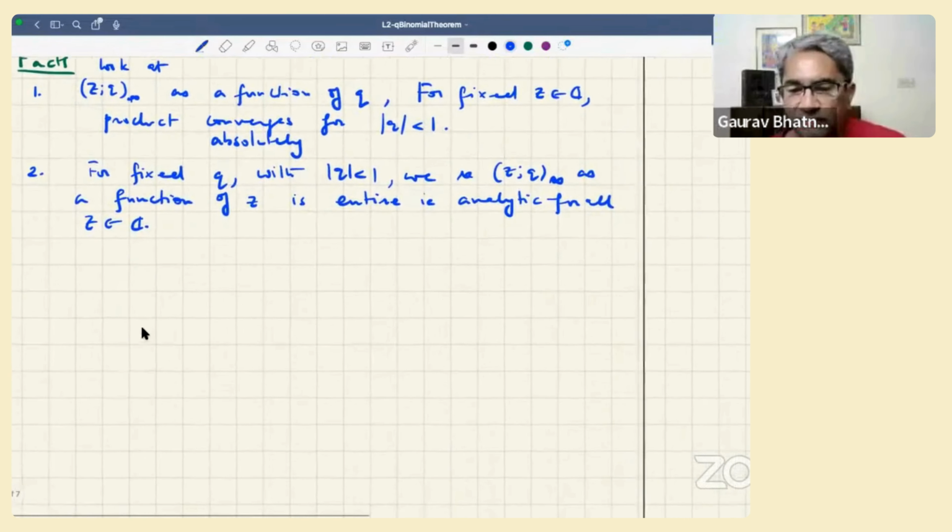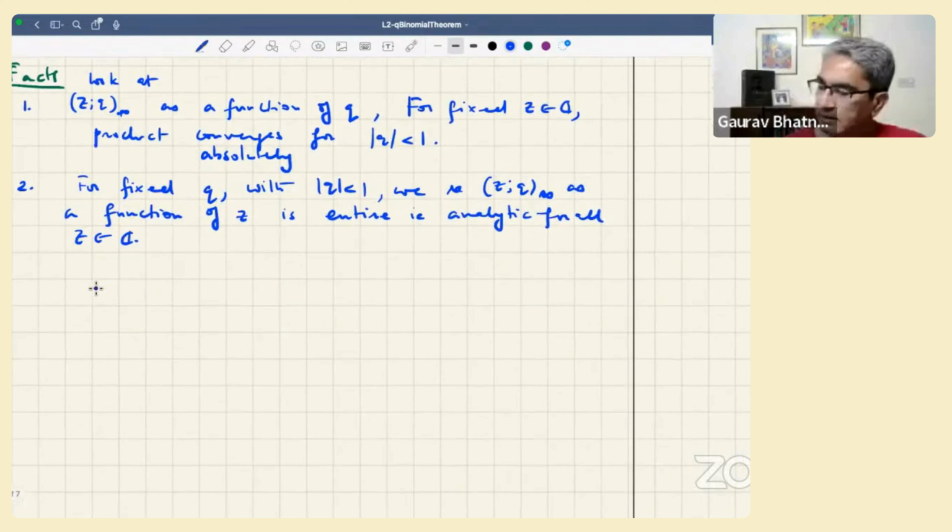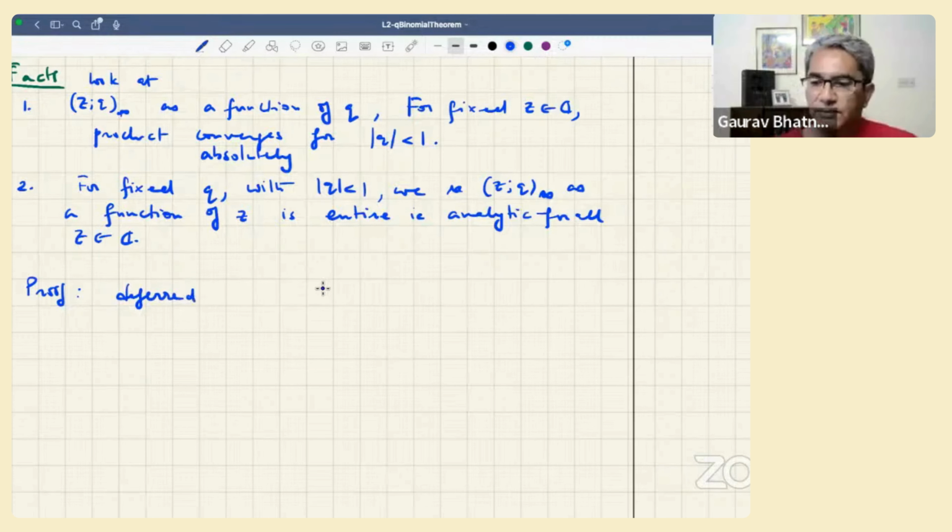Both these facts we will prove at some point. The proof is deferred until we do infinite products, but we might as well get used to manipulating these products first.